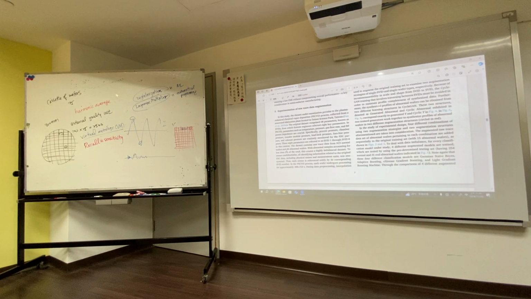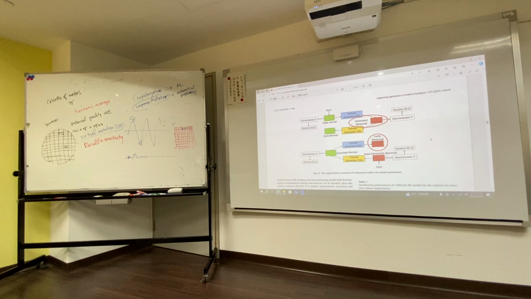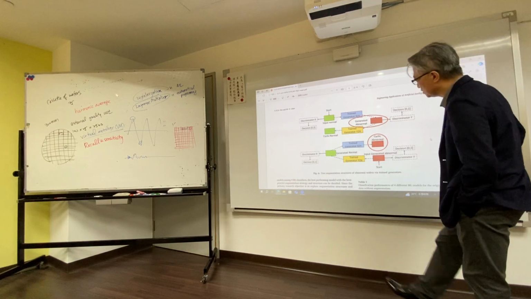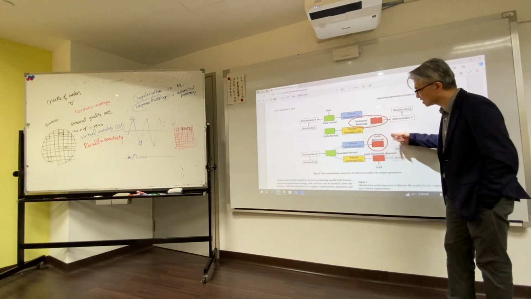Actually, the data is from UMC. Then, look at that. So this is two augmentation structures. It can generate abnormal or cyclic normal.